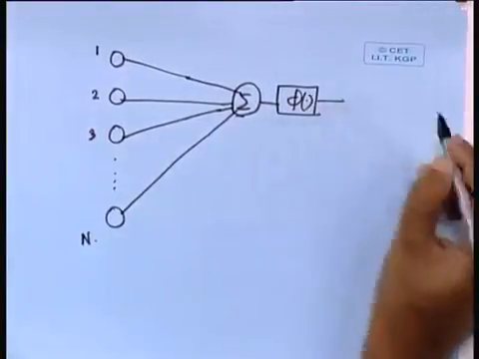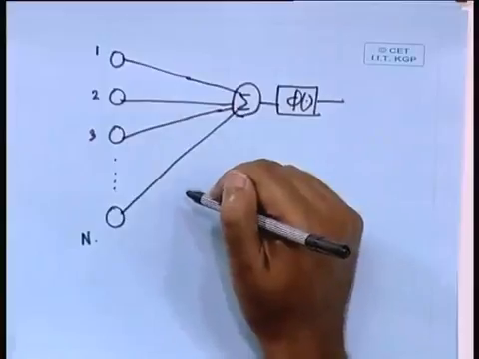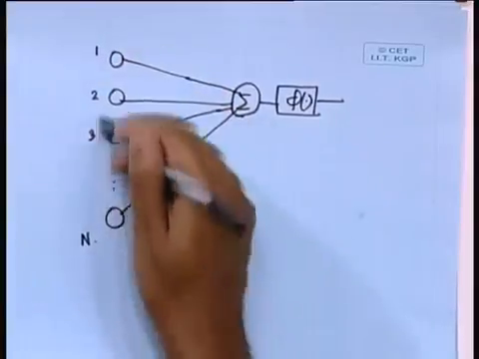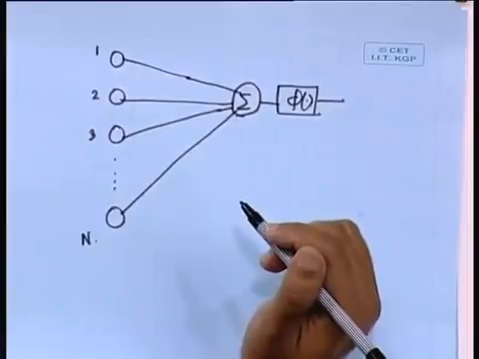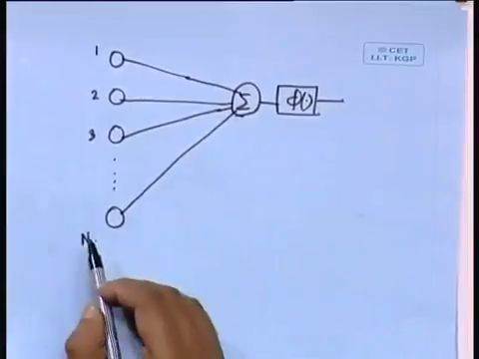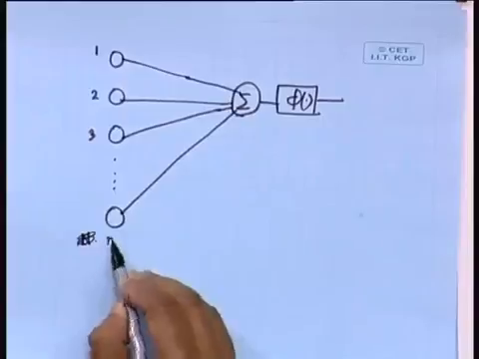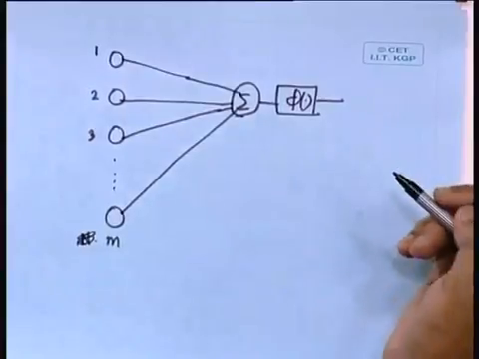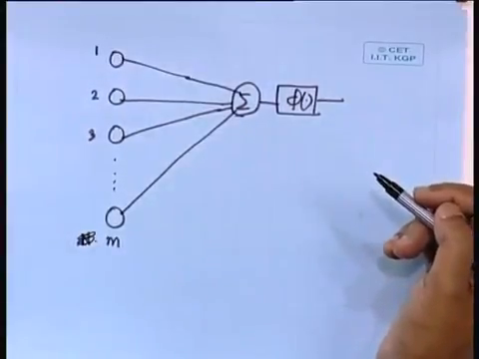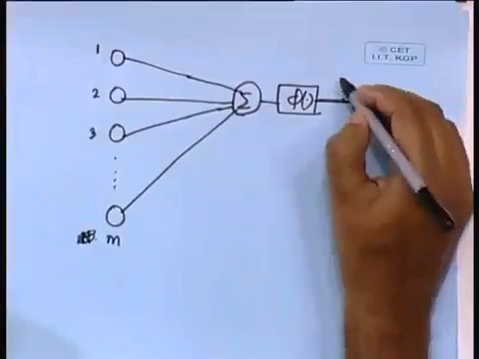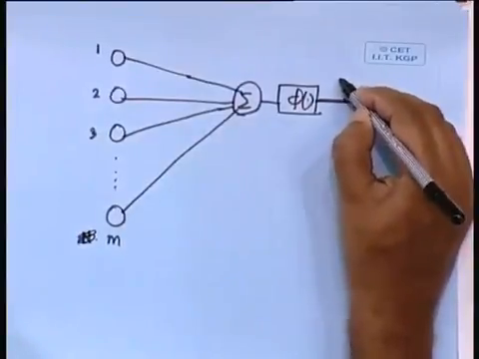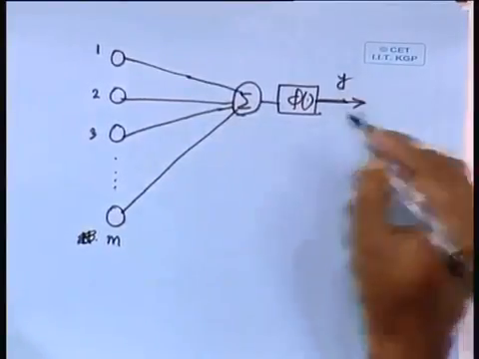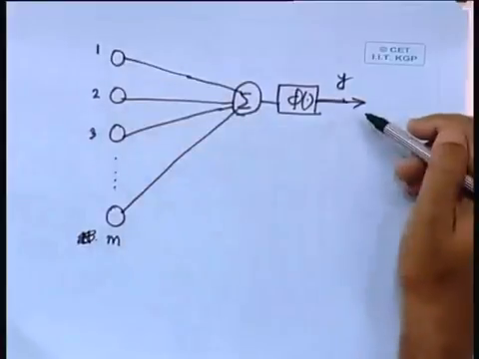But let's call this m, m different inputs. So x1 to xm are going to be a set of inputs, and for that we are going to get some output y. Ultimately we are going to get a y for this set of inputs.